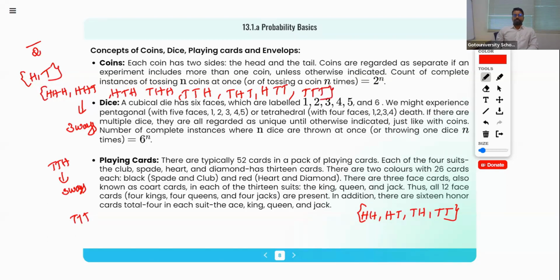8 ways. So this I cannot keep on writing, but what I can say is, as there are two outcomes for every toss, if you have n tosses, the total number of outcomes is going to be 2 power n. So whenever you toss a coin, your denominator is fixed as 2 power n. Remember that, because the denominator is always equal to the total number of outcomes.